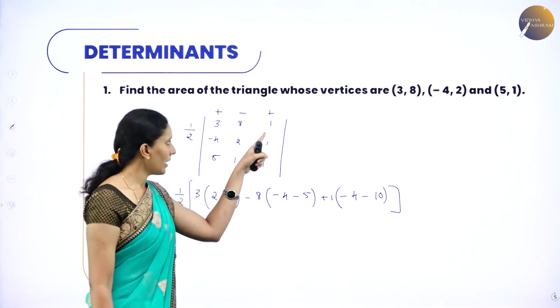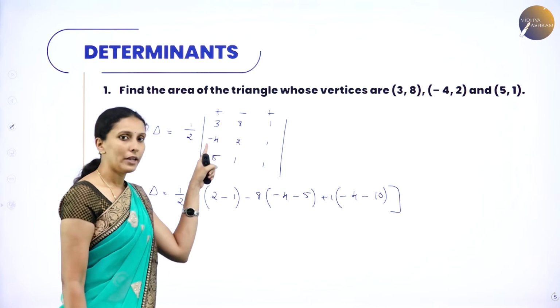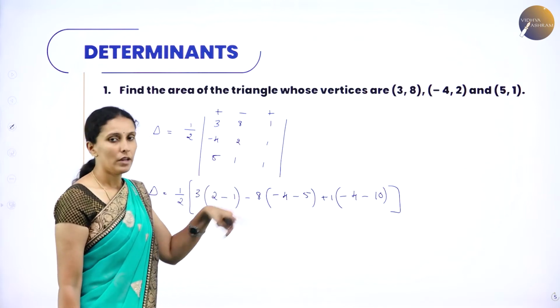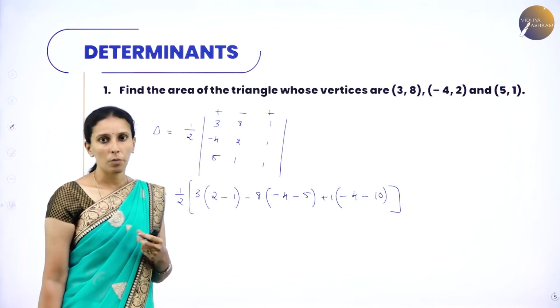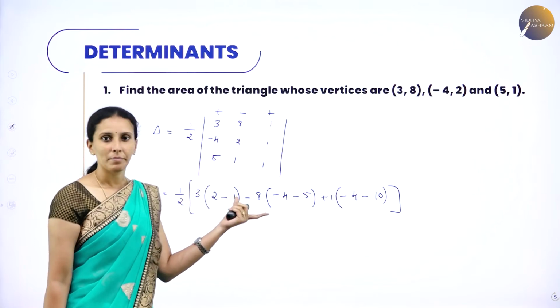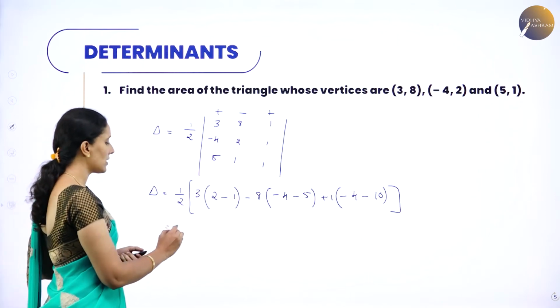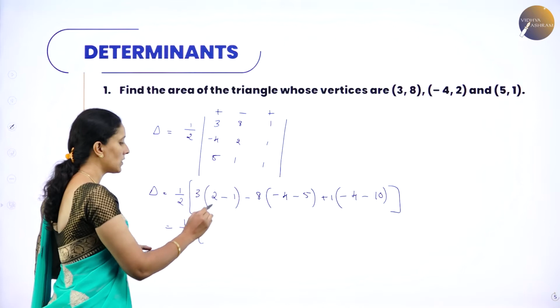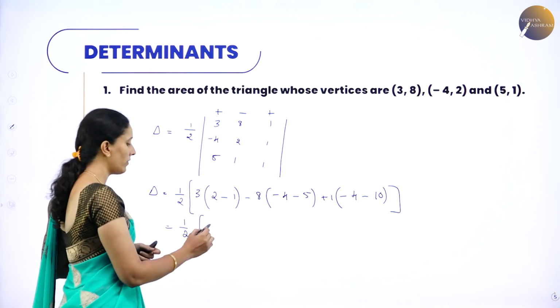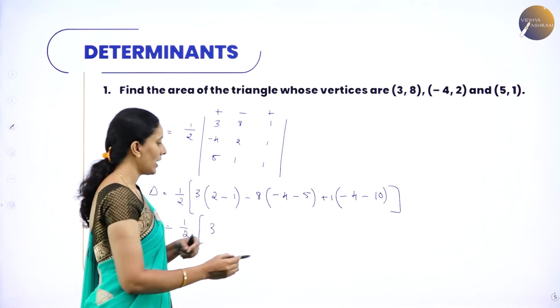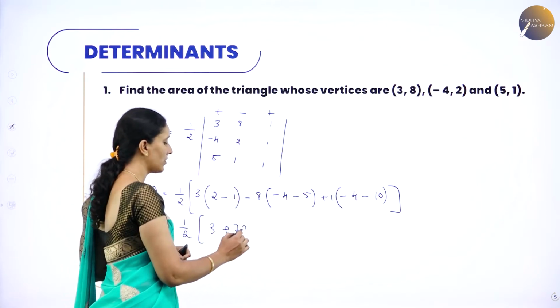We can also simplify the given determinant using the properties of determinants so that the last column becomes 1, 0, 0 by applying elementary row or column operations, or simply we can expand using any one of the rows or columns. Now let's see here. So it is half. Now here it is 2 minus 1, 1, 3 ones are 3. Minus 4 minus 5 is minus 9. So minus 9 times 8 is minus 72, which becomes plus 72.